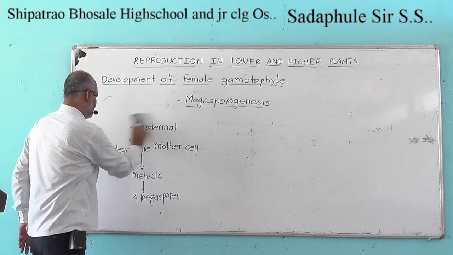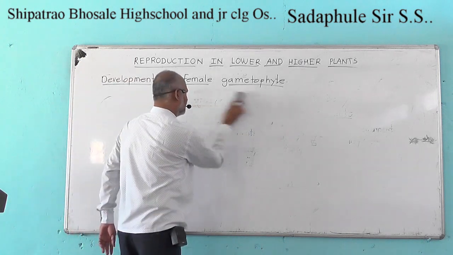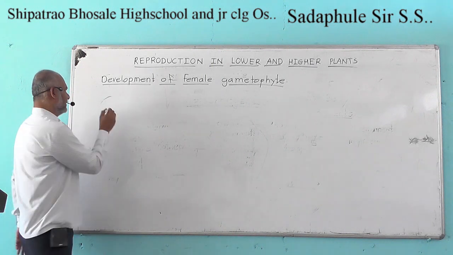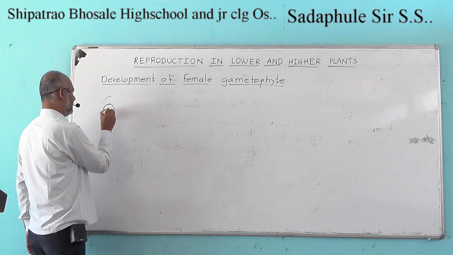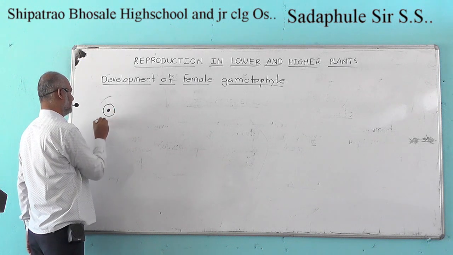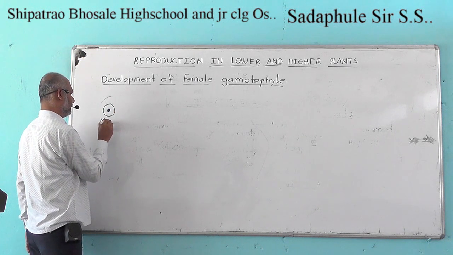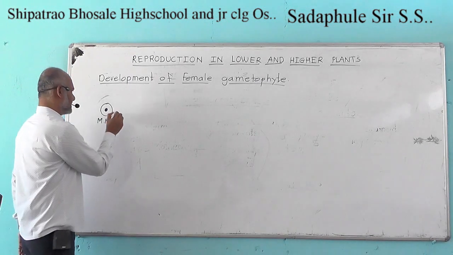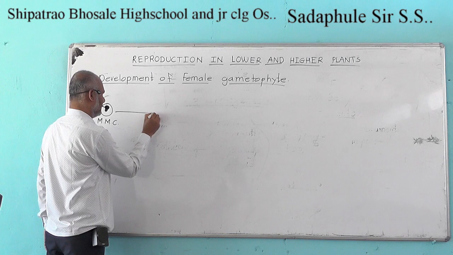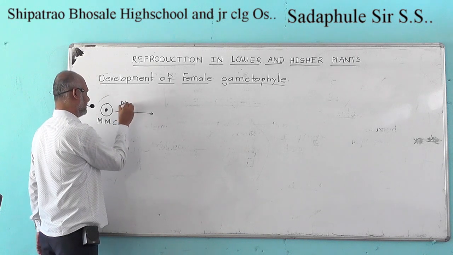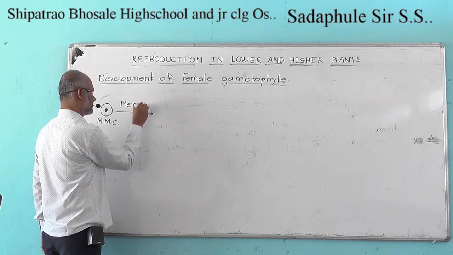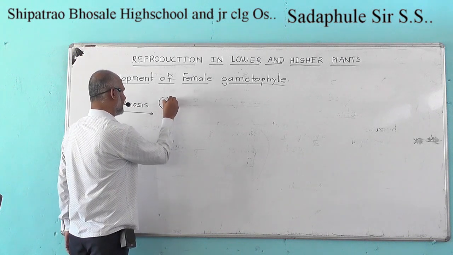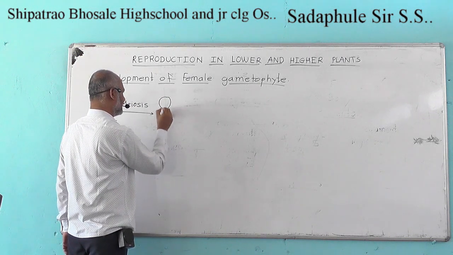Now we have to study again in detail from the megaspore mother cell. Suppose it is the megaspore mother cell. This megaspore mother cell divides by meiosis to form a linear tetrad of megaspores like this.